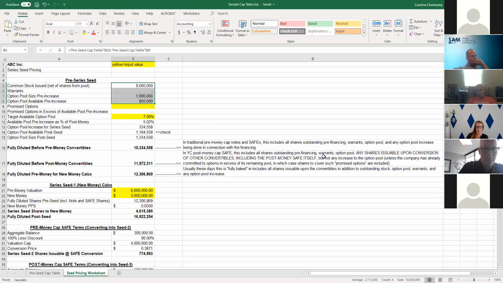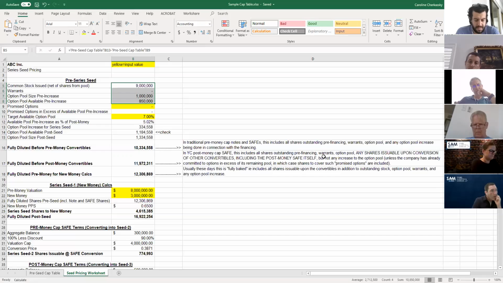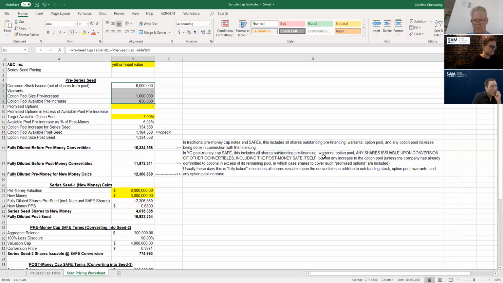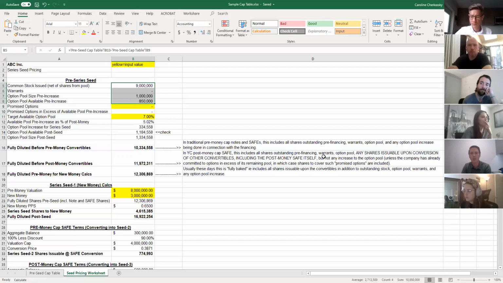And what it does is it pulls in all the shares issuable upon other convertible instruments, including that safe itself. So if I hold a 500K safe, a post-money safe, that has a 5.5 million post-money cap, with no option pool increase and no other convertibles, that's the same as a pre-money cap of 5 million, because the 5.5 includes the 500 coming in from my safe.